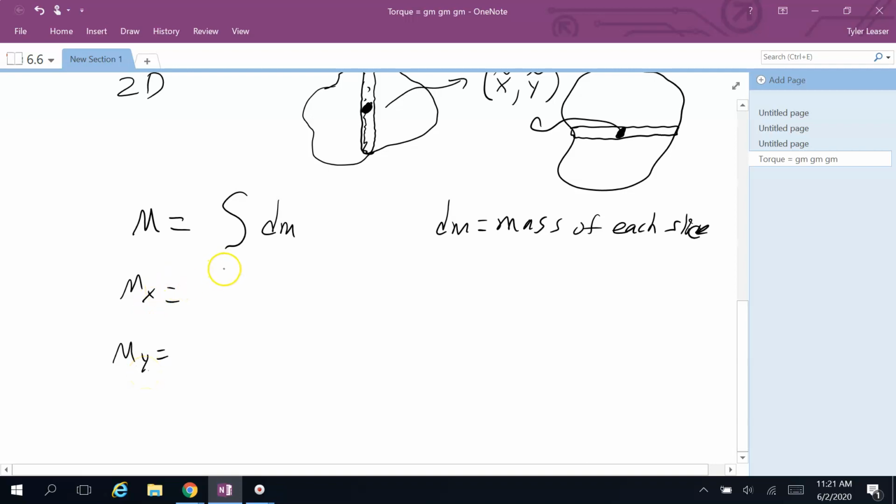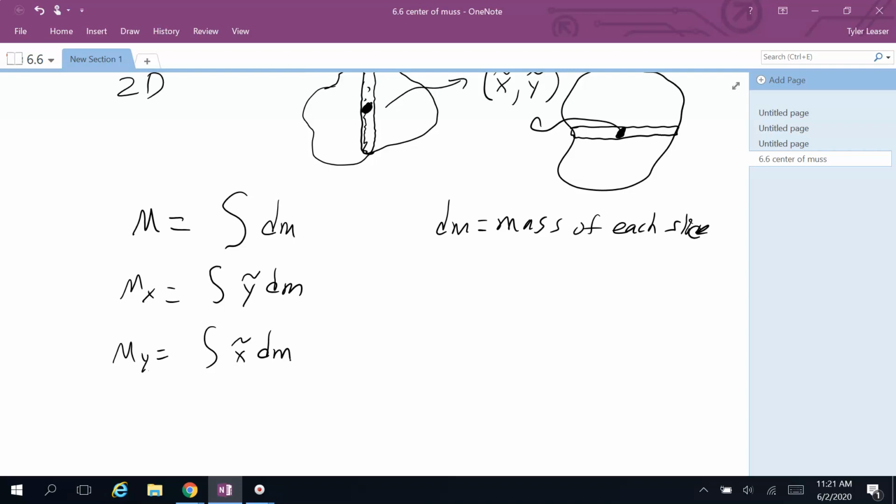To find the moment of x, it's going to be the integral of y wiggle dm. The moment about the y-axis is going to be the integral of x wiggle dm. So unfortunately, you are going to have to do 3 separate integrals to answer these center of mass cases for the most part.